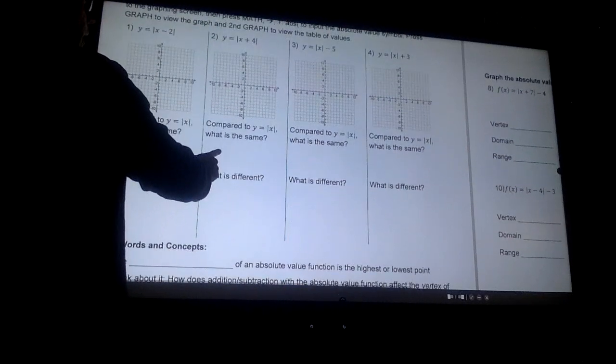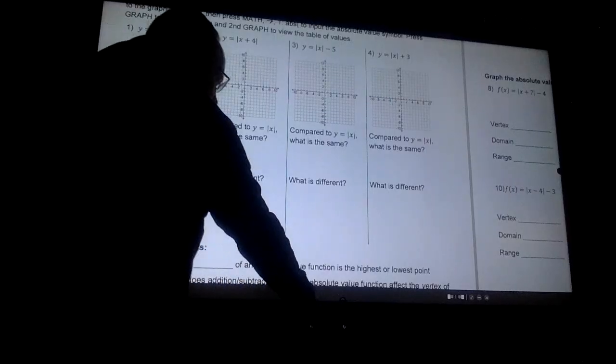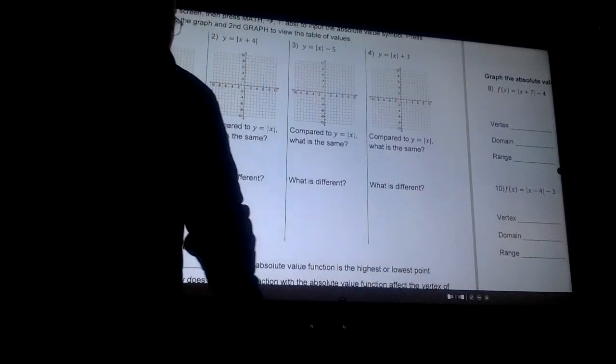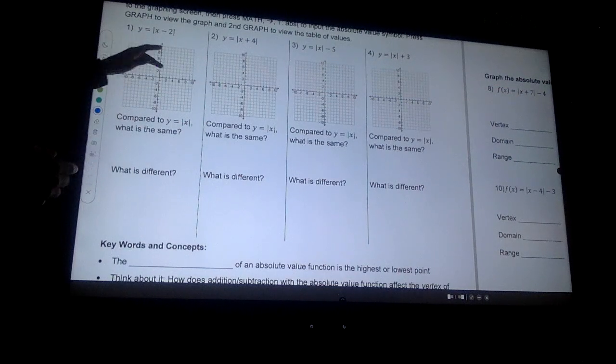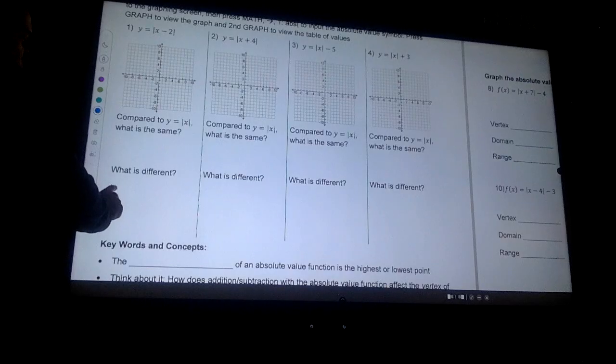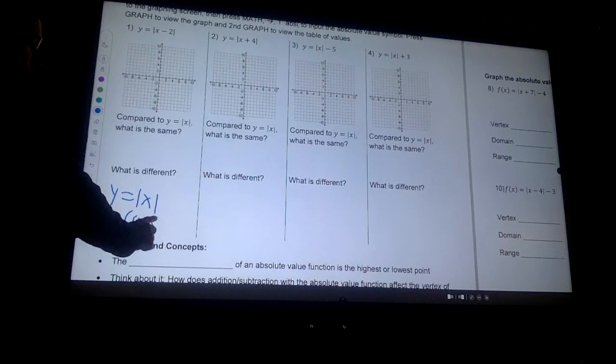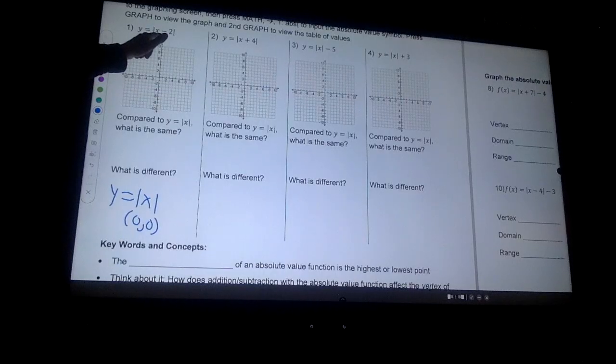So let's take a look at these and see how we do. All right, so I can go and try and plug things in. Now, if anything is ever grouped, so this is grouped by absolute values, it means it's going to shift. Remember, if I had y equals absolute value of x, 0, 0 was where it turned. But because this is a negative, I'm going to go to the right.